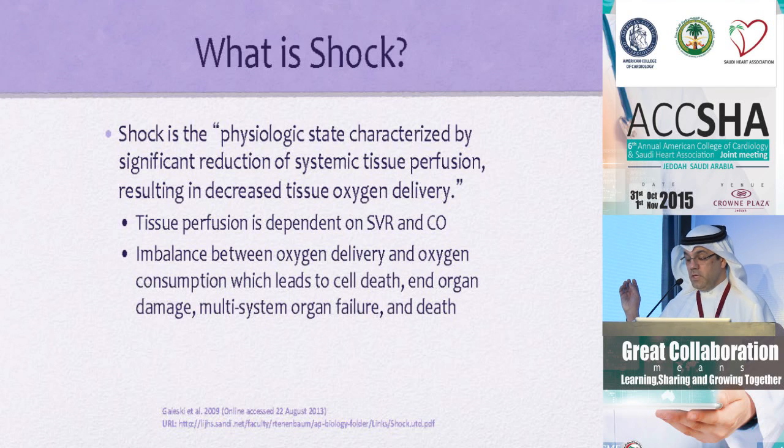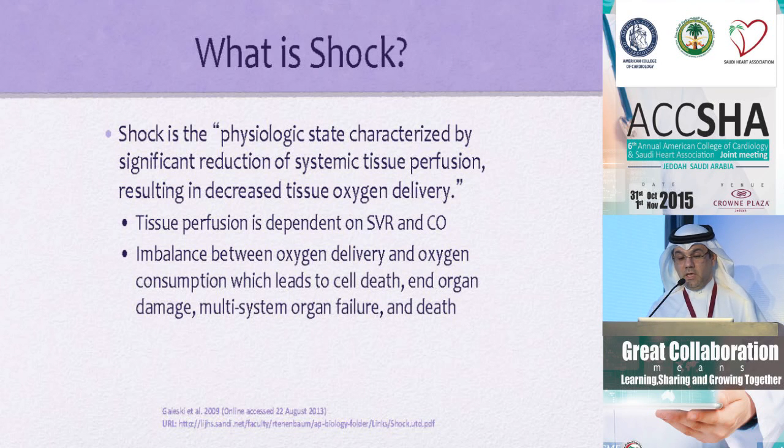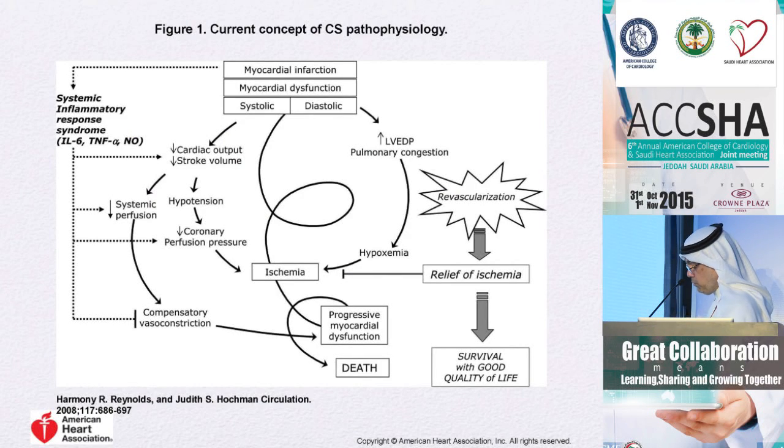So the secret of treating cardiogenic shock is to intervene early, to have a sense of prediction, and to try to know where we are exactly. I think this diagram is very important. If you look at the myocardial infarction, you get myocardial dysfunction, a systolic dysfunction.